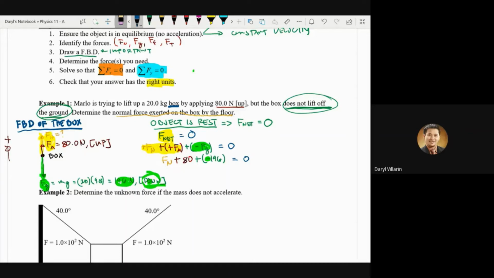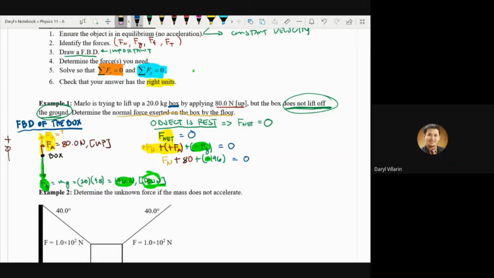Okay? So now, if I want to solve for Fn, that means I need to isolate Fn. That means that Fn should be on one side of my equation. It's either on the left or on the right, but anyway, I'm going to make Fn stay at the left.